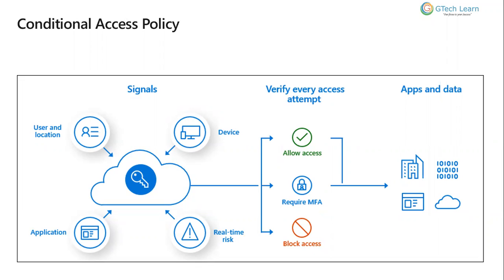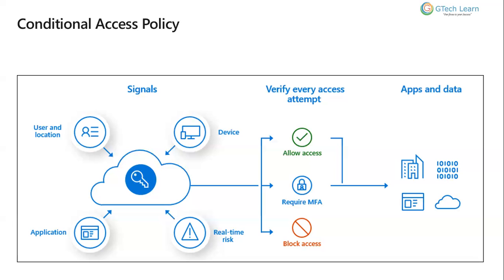If I'm talking about the license requirement, if you have Azure AD Premium P2 or a Microsoft 365 Business Premium license available with you, then you can easily configure the conditional access policy. Here you can see the conditional access policy can take signals from different resources.